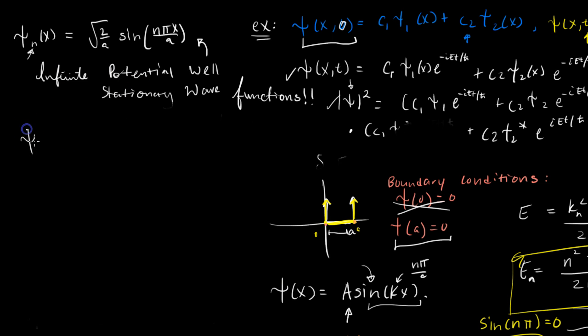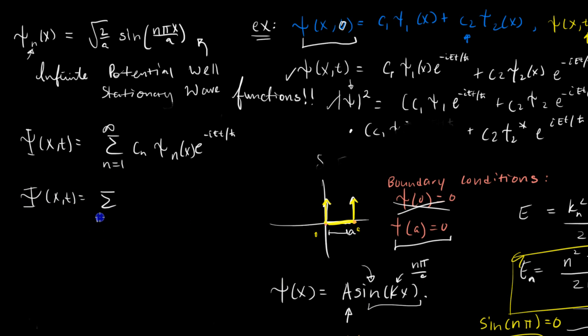So it will be capital psi of x and t, and that will be the sum from n equals 1 to infinity of a sum of our constants, c sub n, times psi n of x times e to the negative i E t over h bar. Let's substitute it back in. We get that psi of x and t is the sum from 1 to infinity of c sub n, and what is this?